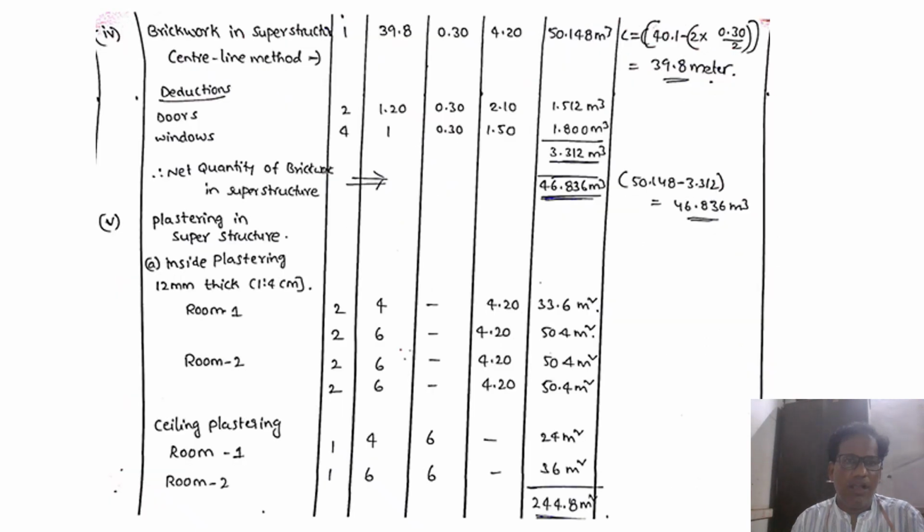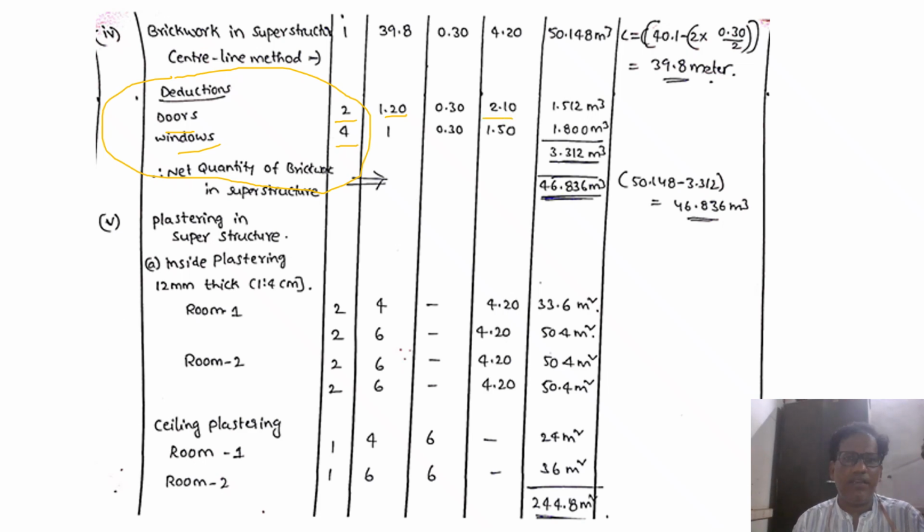Now let us see how to quantify the brickwork in superstructure. While doing brickwork in superstructure, don't forget the openings, meaning your doors and windows, where we do not expect any brickwork. Those we have to deduct. In this particular example, 2 doors and 4 windows are there. Fortunately, the questionnaire has given their dimensions.